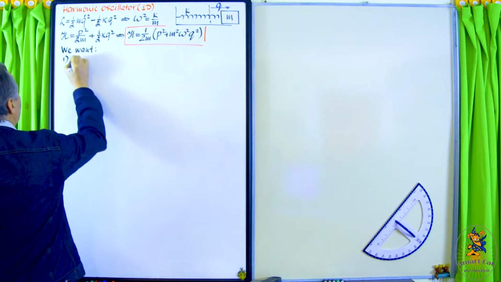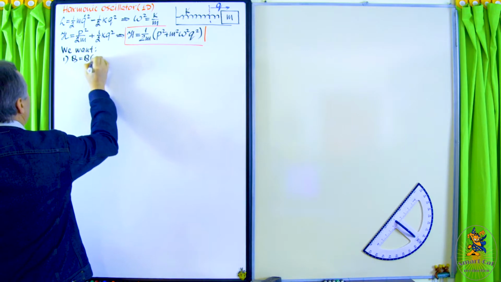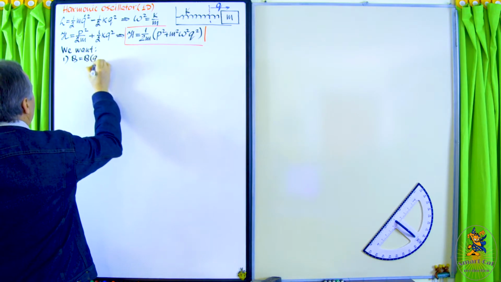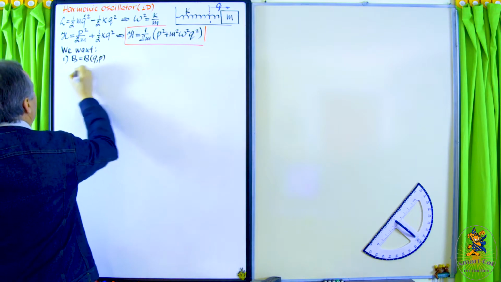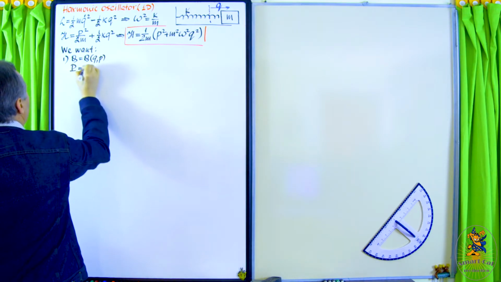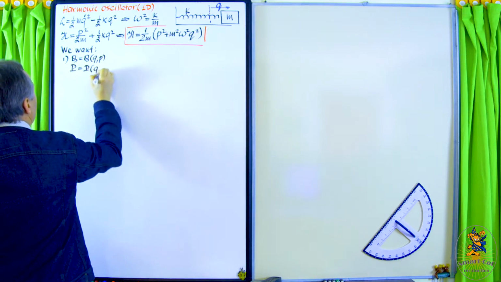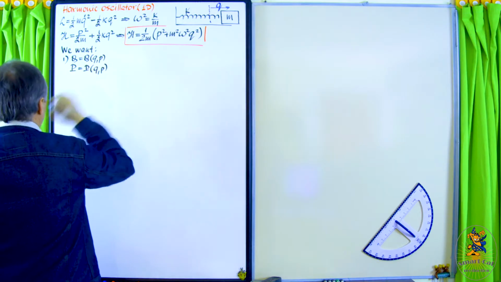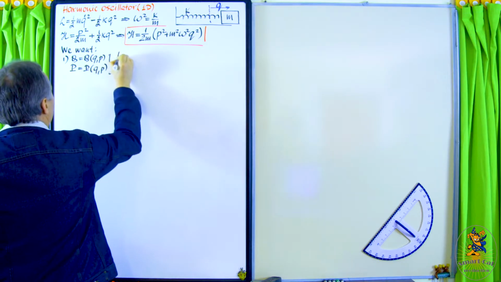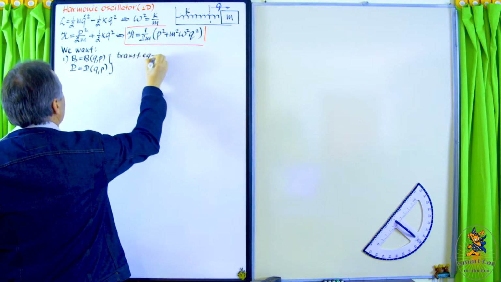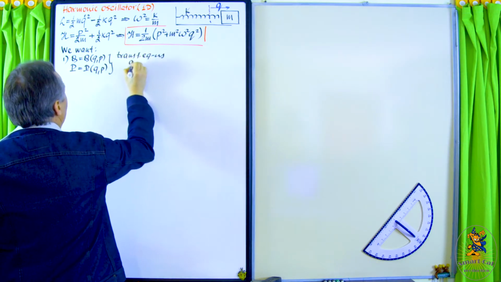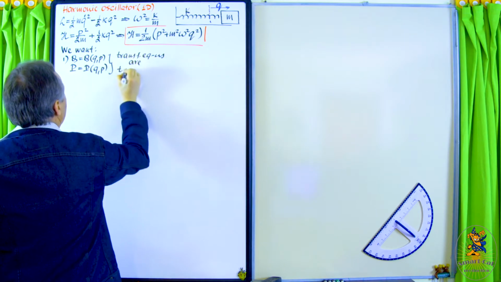So I want q capital to be a function of q small and p small, right? And p capital will be, of course, a function of the same, basically the transformation equations, right? Transformation equations are t independent.